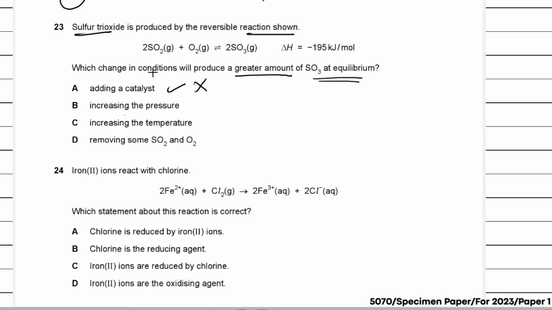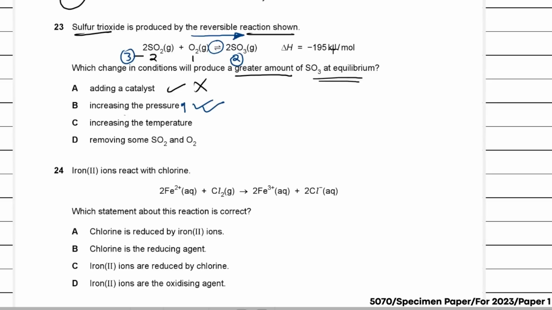Increasing pressure. We can see we've got 2 and we've got 1 mole, so in total we have 3 moles or 3 particles. Over here in total we have 2 particles. That means if we increase pressure, the equilibrium will prefer the side with fewer particles, which means less pressure. So yes, B could be a possible answer.